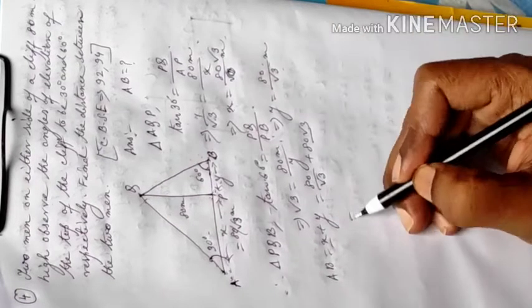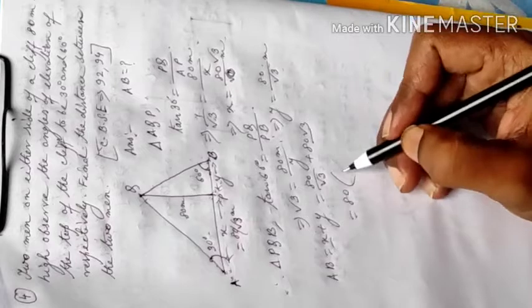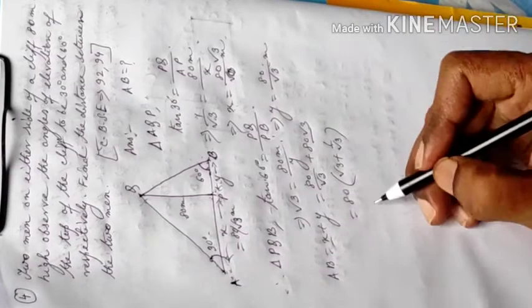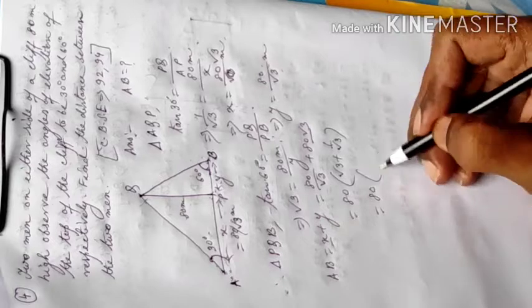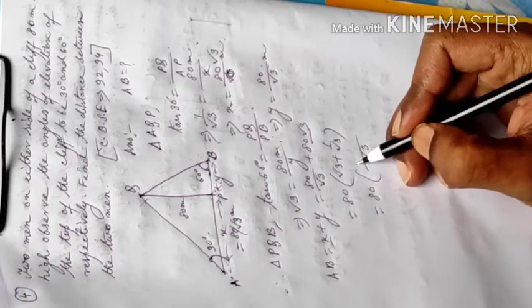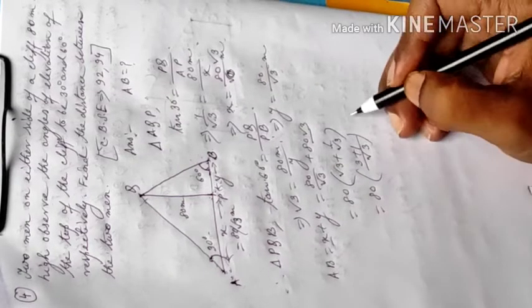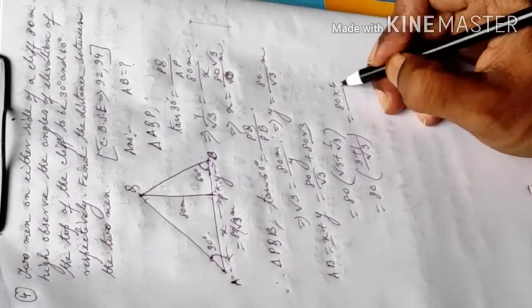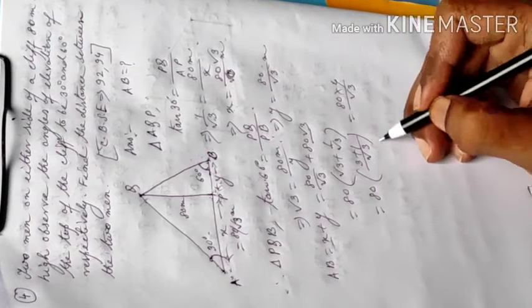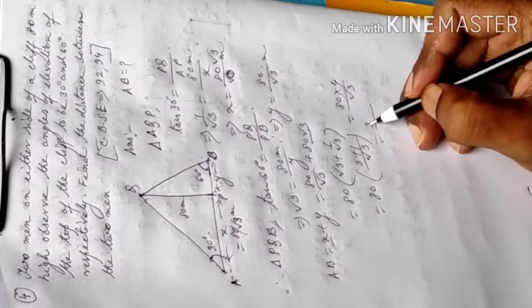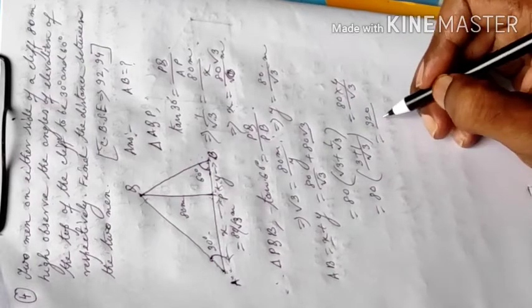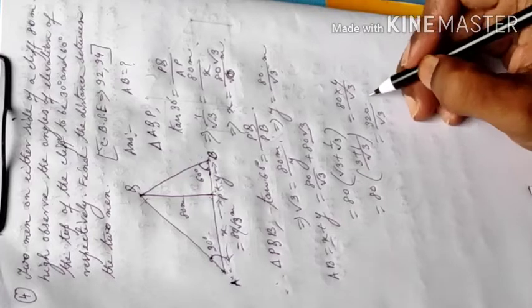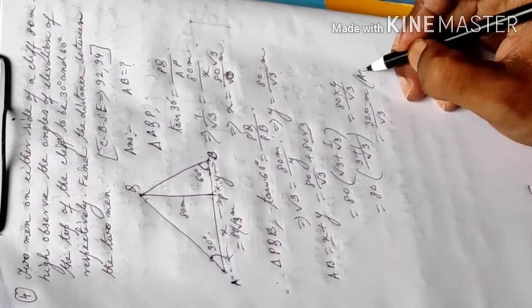Taking 80 common, 80 into root 3 plus 1 by root 3 is equal to 80 into 4 by root 3, which is 320 by root 3 meter. This will be the answer.